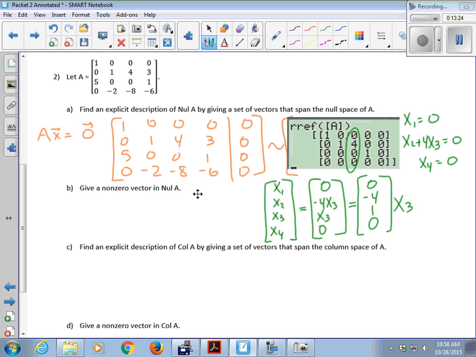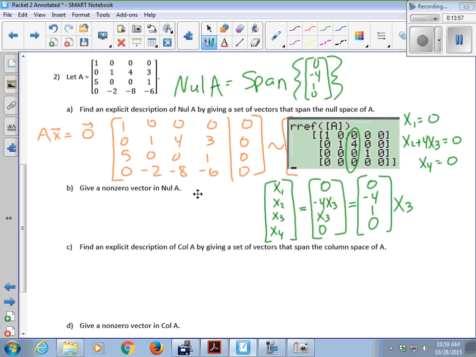Okay. So when I multiply a vector times any weight I want, I'm taking the span of that vector, right? So the null of A here, I'll write it up here. The null of A is the span of the single vector 0, negative 4, 1, 0. It could be multiple vectors if, when you wrote it in parametric vector form, you had 2 free variables.